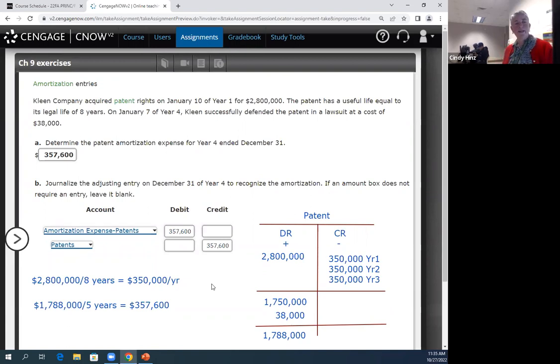So for the first 3 years, the entry would look just the same, except the dollar amount would be $350,000 rather than $357,600. But the accounts involved would have been exactly the same. And the entry for year 4, 5, 6, 7, and 8, if nothing else changes, would look exactly like what we have here.